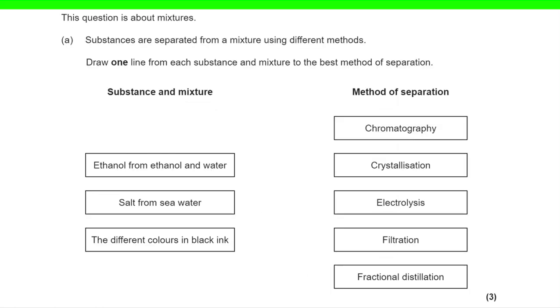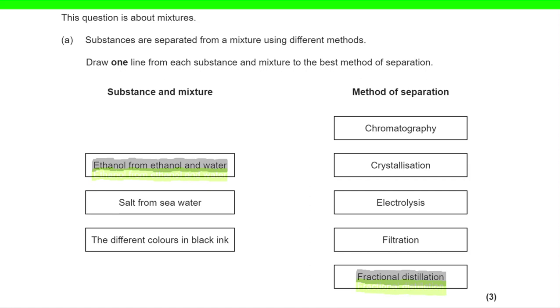So now if we start our review, substances are separated from a mixture using a variety of methods, and we need to pick the right method for the substance and mixture. If we take ethanol from ethanol and water, where we've got two different liquids and they both have different boiling points, we're going to go to fractional distillation.